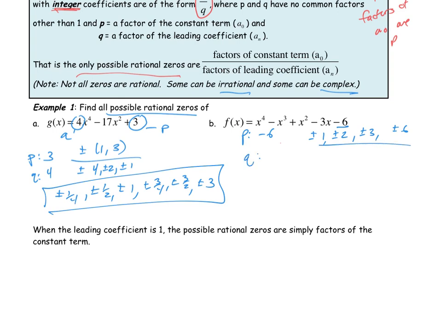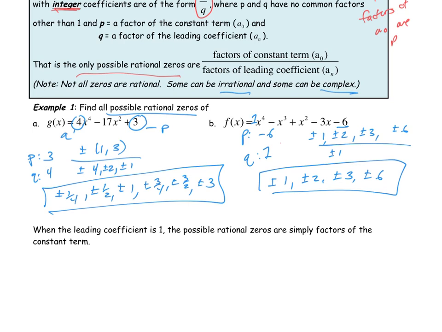And q is the leading coefficient, which here is 1. The factors of 1 are plus or minus 1. So when the leading coefficient is 1, the possible rational zeros are just the factors of the constant term. Listing those out: plus or minus 1, plus or minus 2, plus or minus 3, and plus or minus 6. Those are the possible rational zeros.